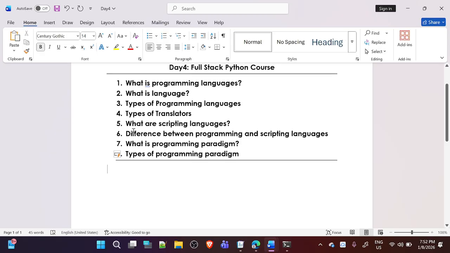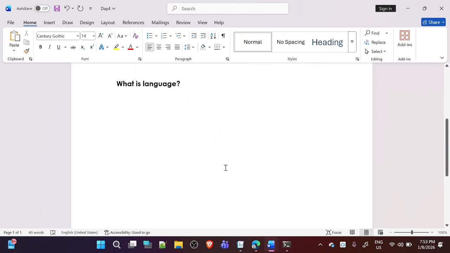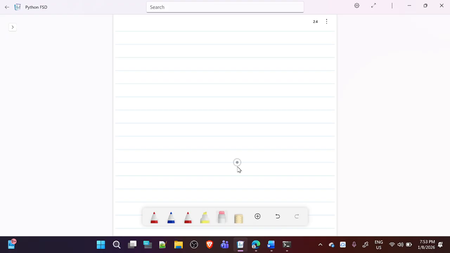So first of all, let's start with what a language is, then we will understand programming languages. Can anyone tell me what a language is? To communicate with people, we can use a language.